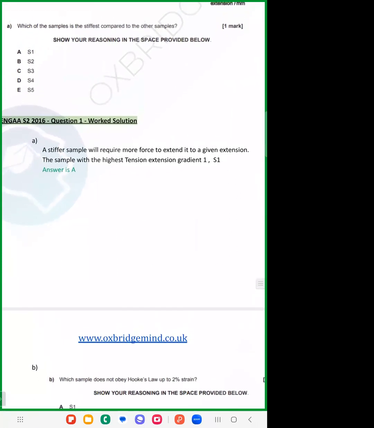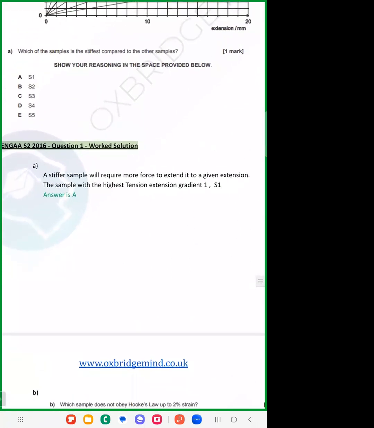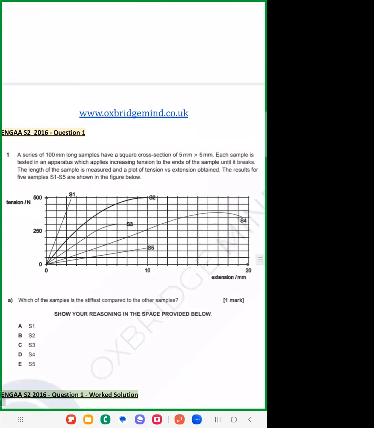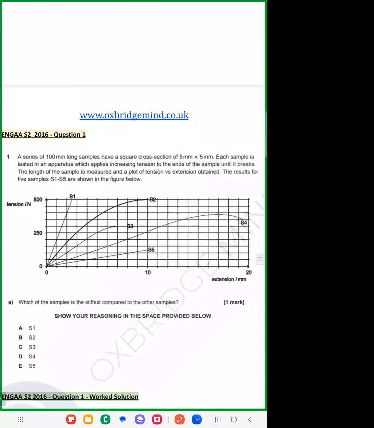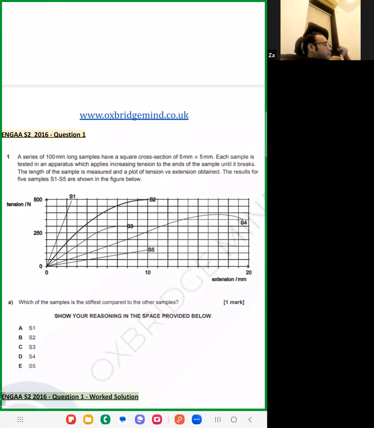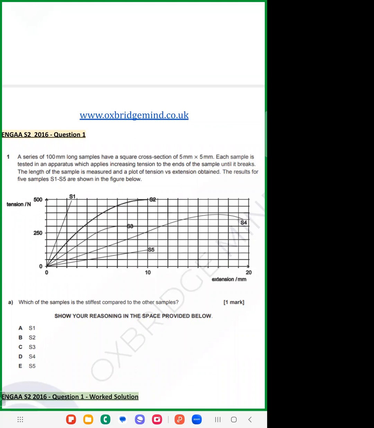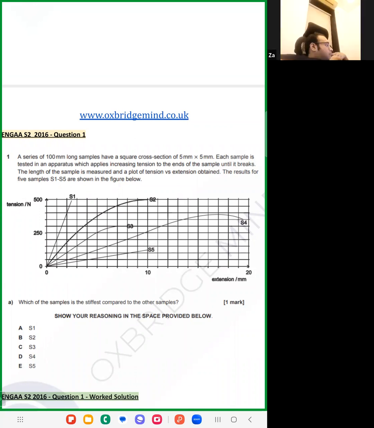Up to 2% strain. Let's have a look. It looks like S2. No, look, the overall length is given as 100 mm, right?